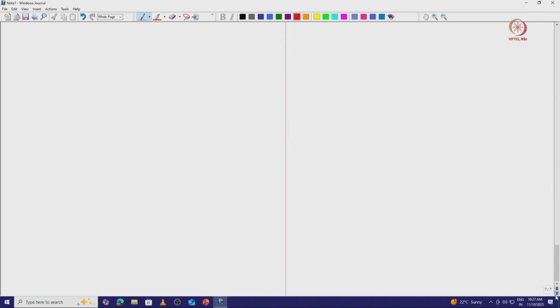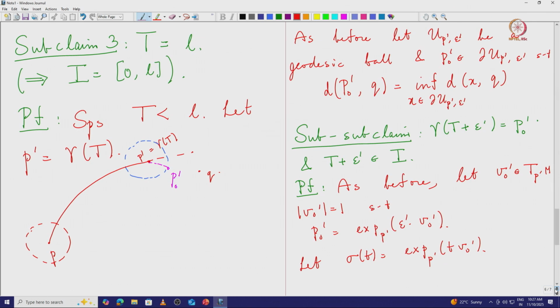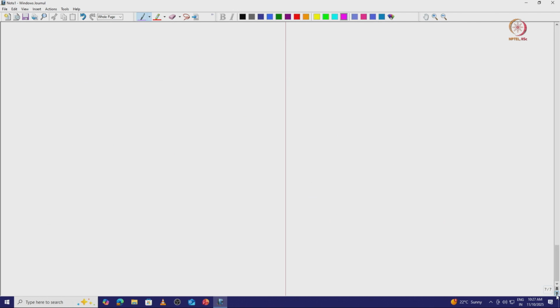So now consider the concatenation. So in this picture, this is basically this red geodesic gamma all the way up to P prime, and then you concatenate this little sigma here. Okay. So consider the following: gamma tilde of t.